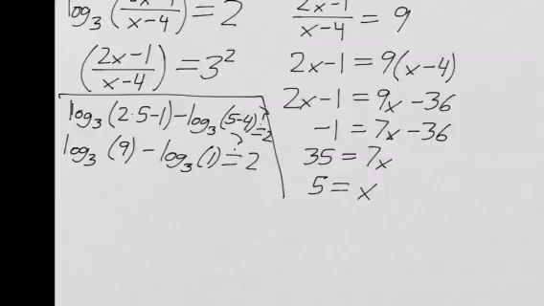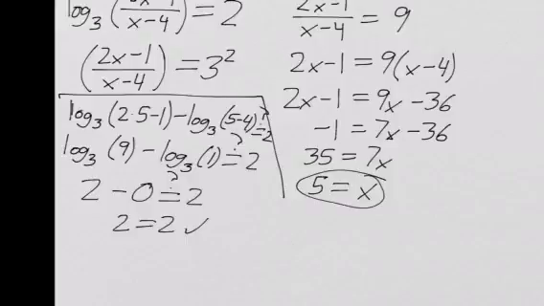Log base 3 of 9 is 2. Log base 3 of 1 is 0. And indeed, 2 equals 2, so we check. Therefore, 5 equals x is the solution to this equation.